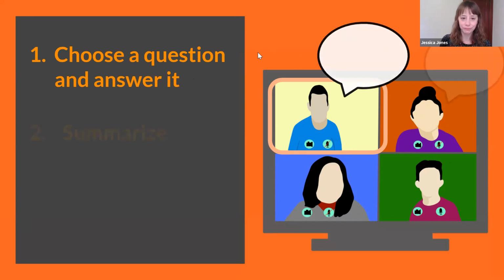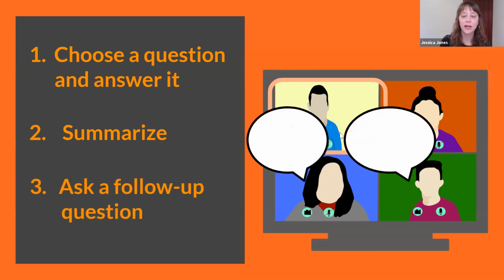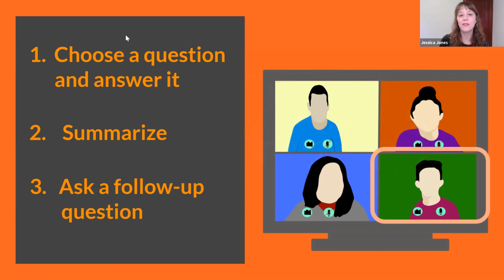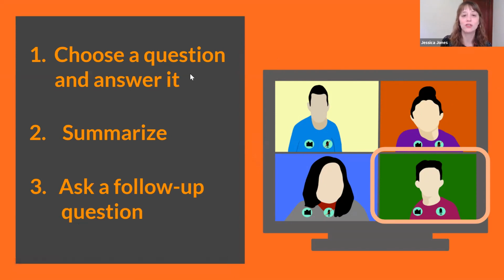And then another person in the group will summarize what they just heard that speaker say. And then we're going to ask any remaining group members to ask a follow-up question to the first speaker. And then after you've done that series of moves, someone else should identify themselves as the new speaker, and they're going to choose one of the two questions and then answer it, and the cycle starts over.